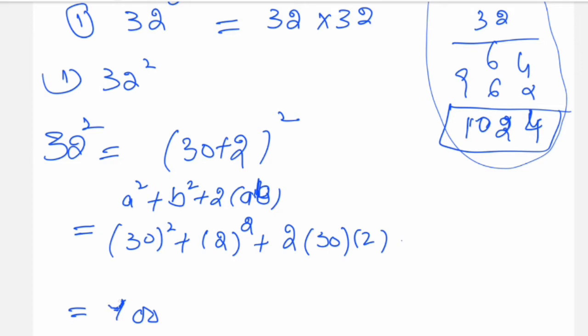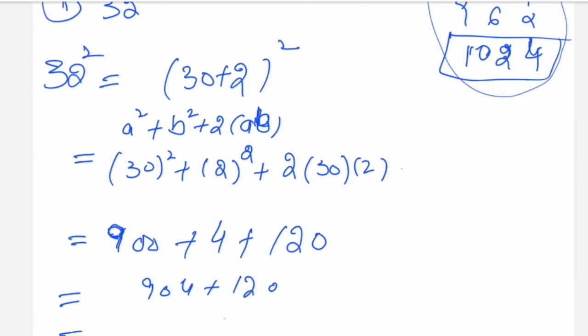So 900. For 2 square, it is 4. Plus, see, 4 3s are 12, so 120. So when we add them, it becomes 900 plus 4 plus 120.